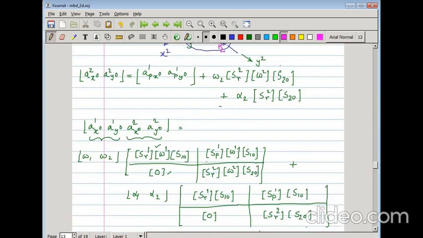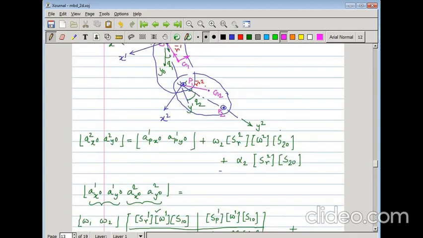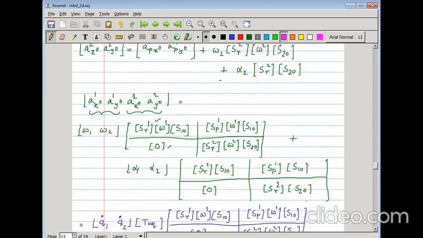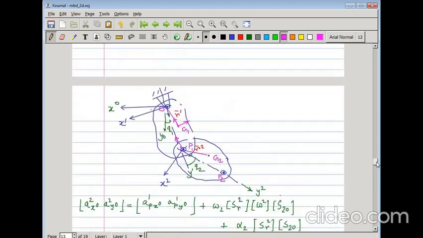Similarly, if you go to this, then this is actually the normal component. When you multiply this omega 1 with this, that will give you the normal component of acceleration of point P, that means in this direction, and this will give you the tangential component, that means in this direction.